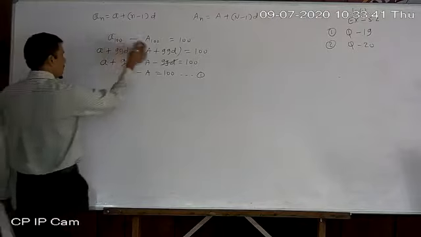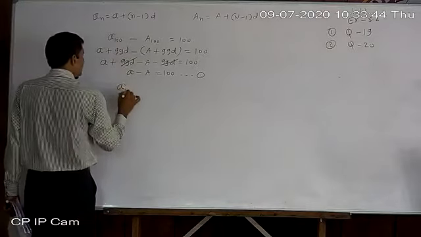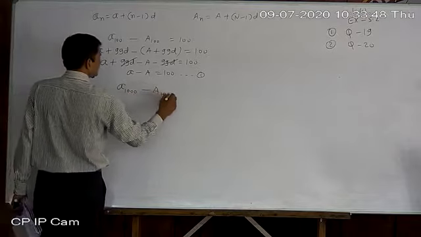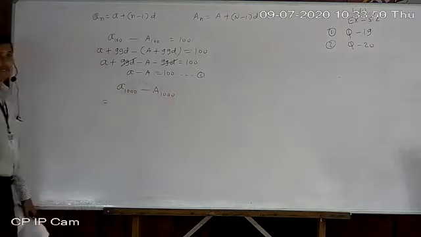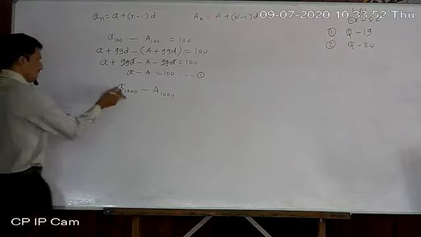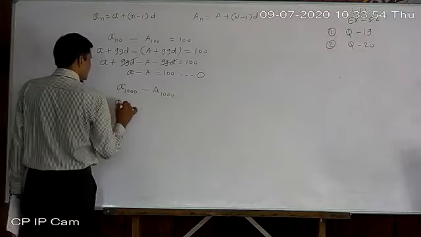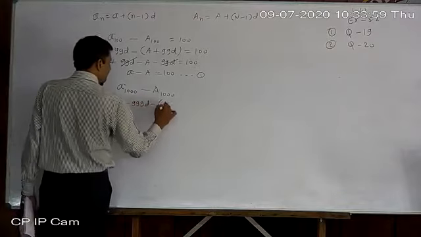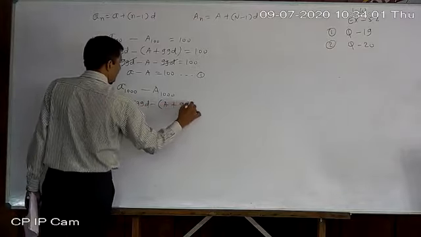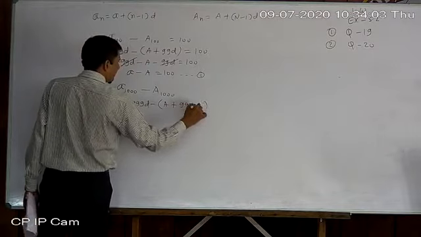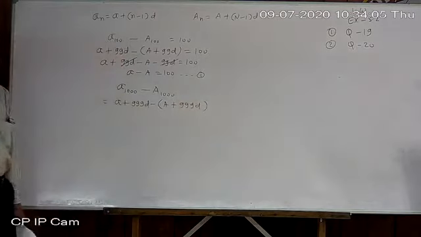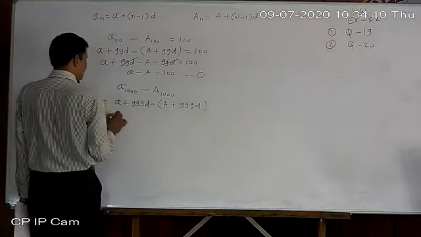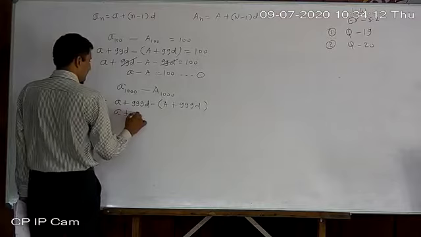Okay, so now ask whatever they are asking. Now find whatever they are asking. They ask this: the difference between the 1000th terms. So just write down a plus 999d minus A plus 999d. D remains D only, not capital D, because it is equal in both. Now again open that: a plus 999d.